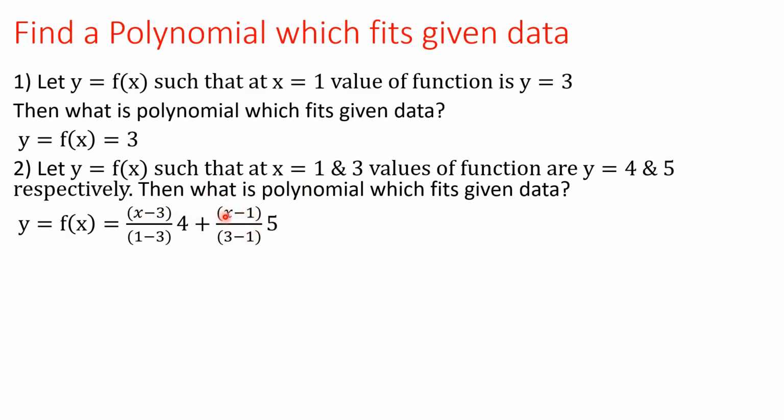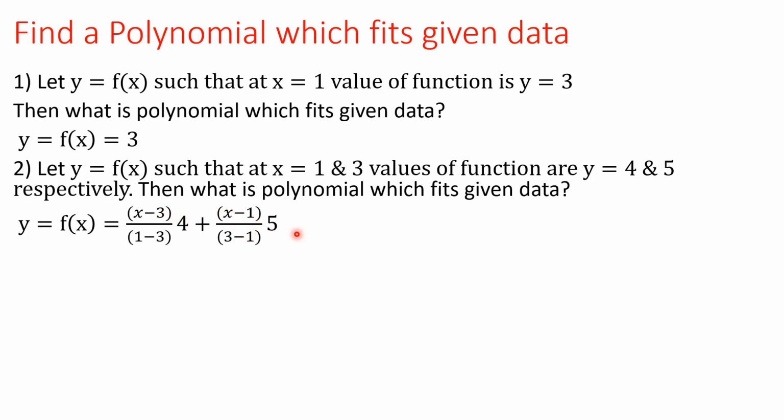Because in the numerator we get 1 minus 1, which is 0. And in the first term, the numerator matches the denominator, so it gets cancelled and we get the answer 4. Similarly, when you put x is equal to 3, this will become 3 minus 3, 0. So the first term will vanish, and in the second term we get 3 minus 1 upon 3 minus 1, that is 1. So the answer is 5.